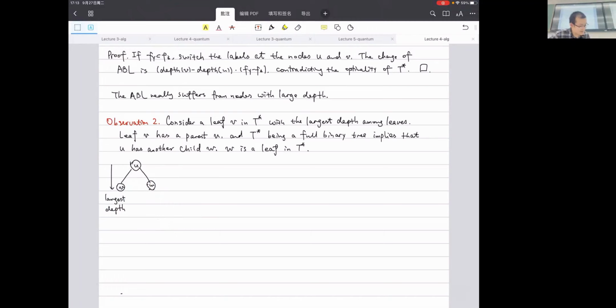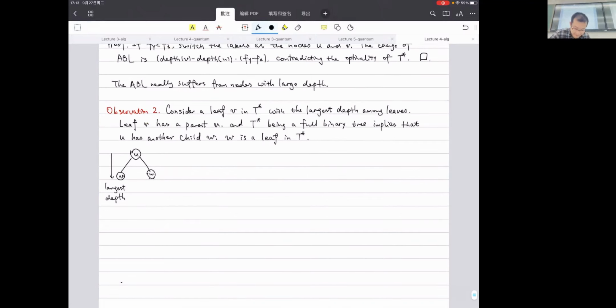Okay, so this is quite straightforward, and I guess we want to make some further observations. This is also one that we can very easily see: the order in which we assign letters in the same level, to the leaves with the same depth, does not influence ABL.